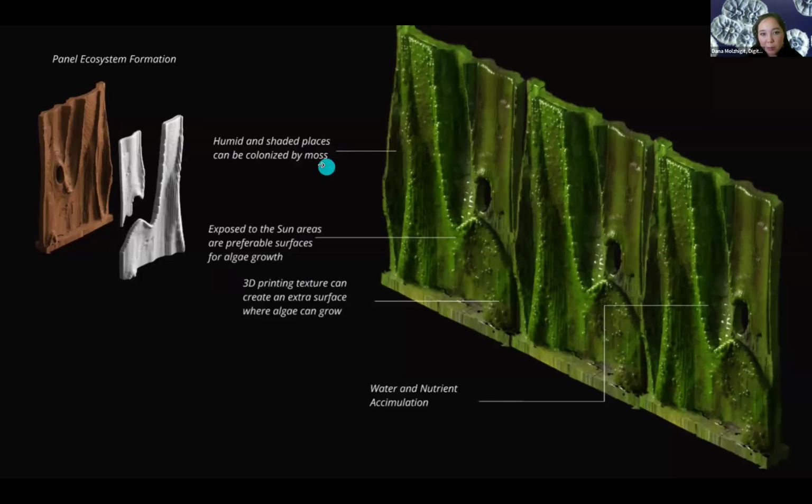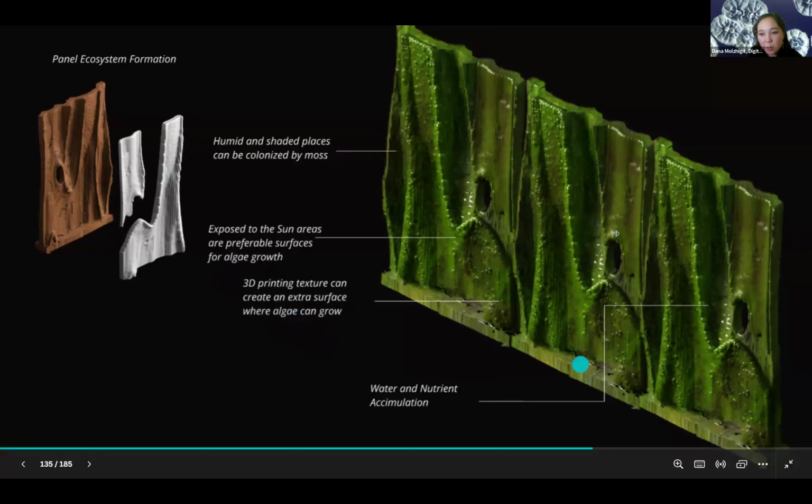Humid shaded areas can be colonized by moss, for instance, after algae, and areas exposed to the sun can be preferable more for microalgae, and the 3D textures can create extra surface for other organisms, such as algae, to grow, and water and nutrients can accumulate in this pocket.